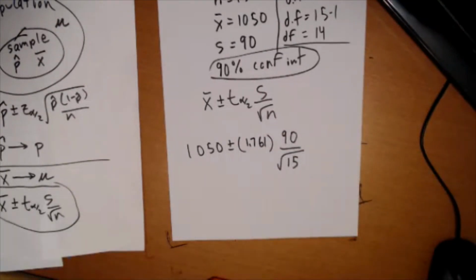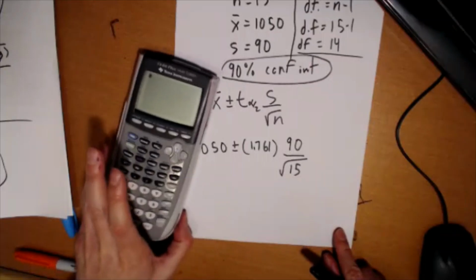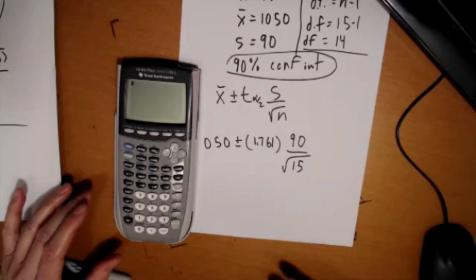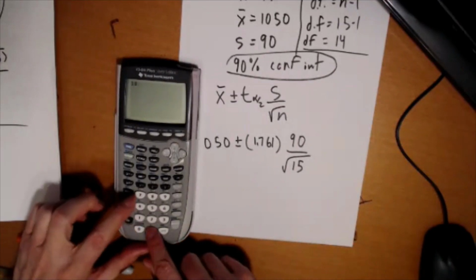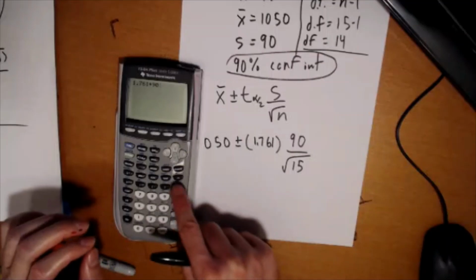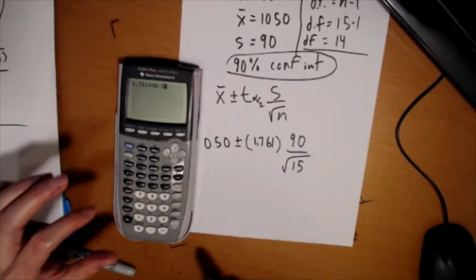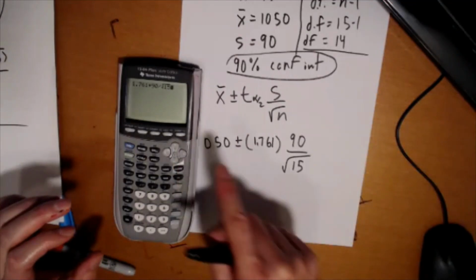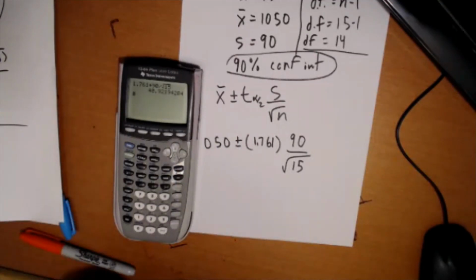And then we are just going to throw that into our calculators and crunch these numbers. So I would go 1.761 times 90 divided by the square root of 15. Enter. Okay, so that's my margin of error.